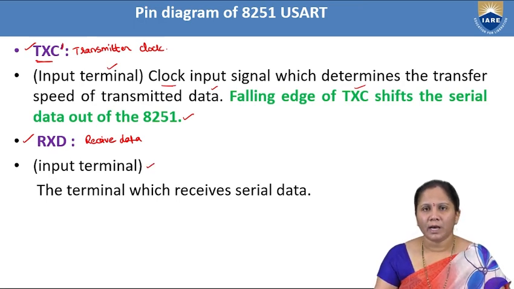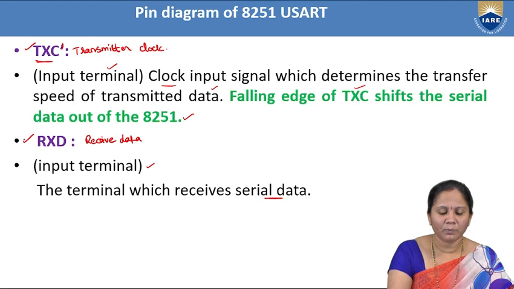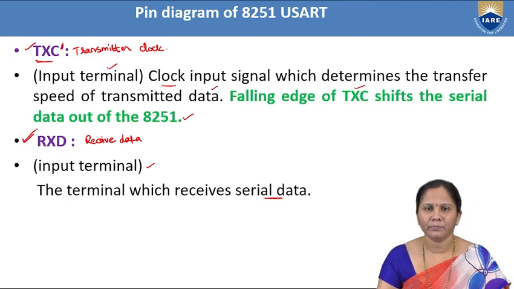By using this RxD signal only, the receiver is going to receive the serial data, because the transmitter has sent serial data only. So that serial data will be received by the receiver with the help of this RxD signal that is connected to the receiver section.